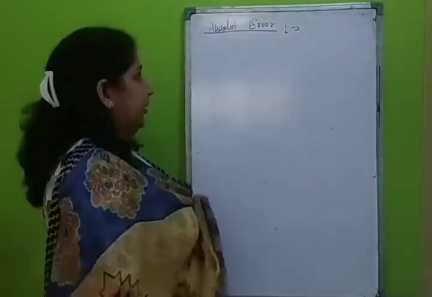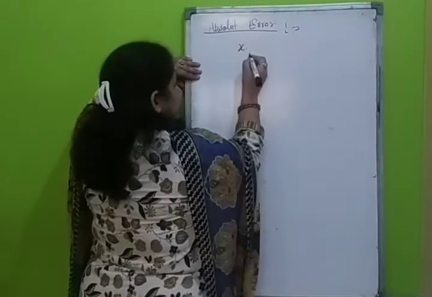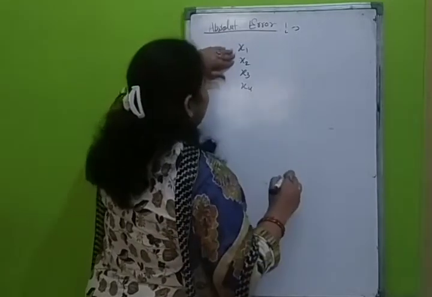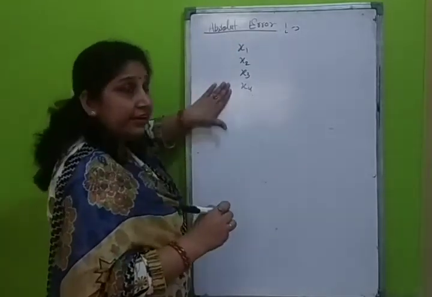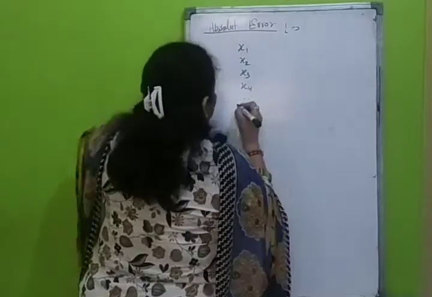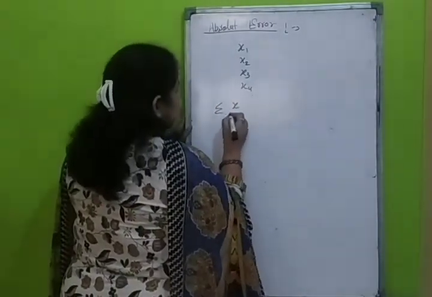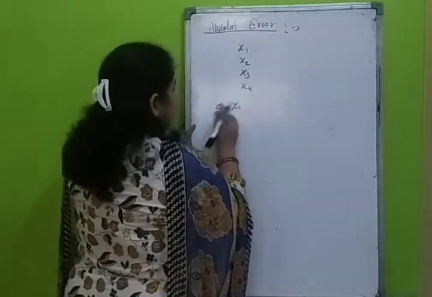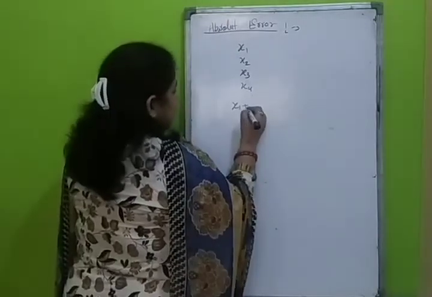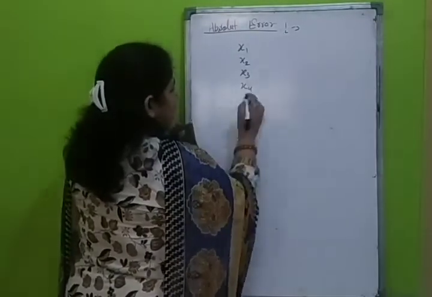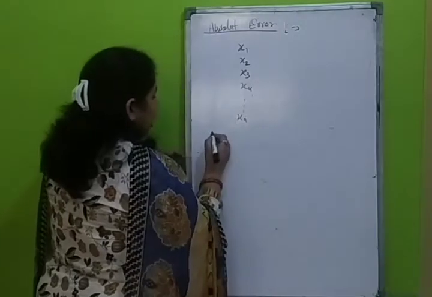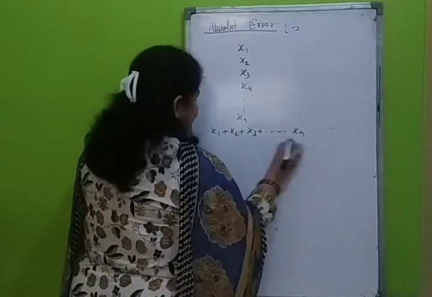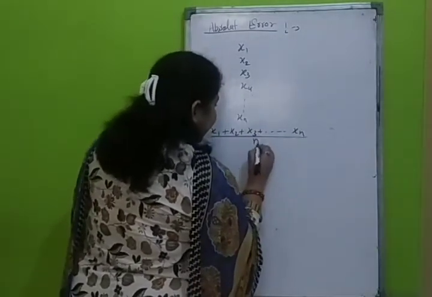What do you mean by absolute error? Suppose we have taken observations x1, x2, x3, x4. These are observations with error. Got it? Now we take the summation of x, means all the terms, x1 plus x2 plus x3 up to xn, divided by n.